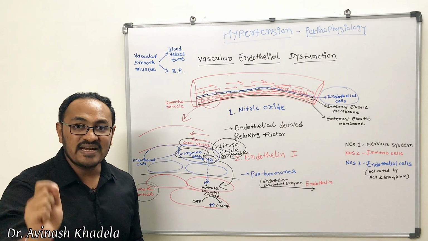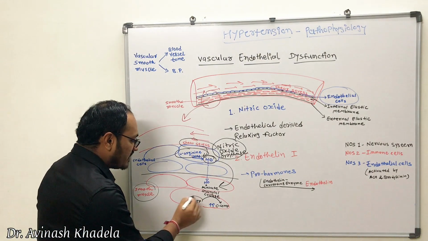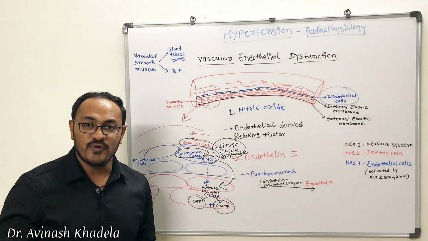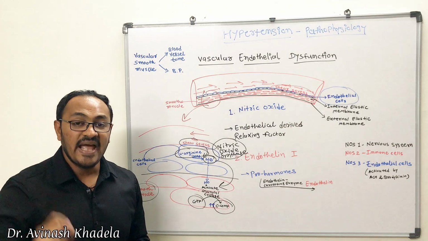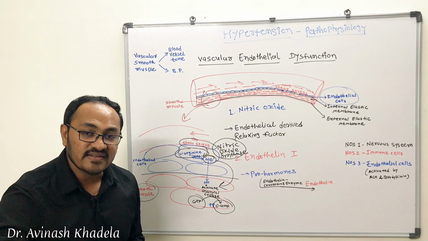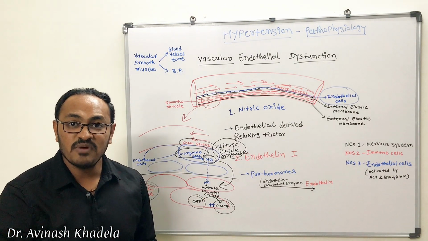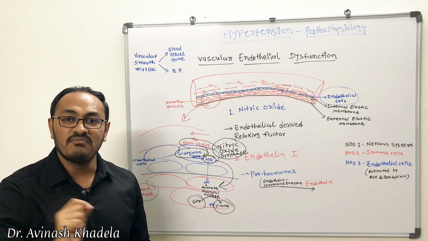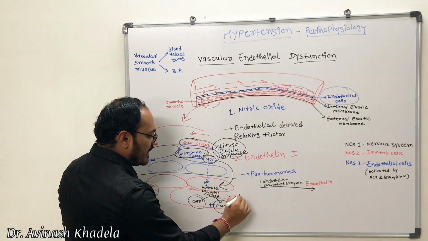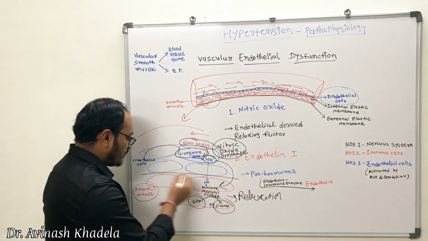This guanylyl cyclase, when activated by nitric oxide, will convert GTP, guanosine triphosphate, into cyclic GMP, and the level of cyclic GMP in the smooth muscle will increase. This high level of cyclic GMP is responsible for inhibition of actin-myosin mediated contraction, and thus causes relaxation of vascular smooth muscle.